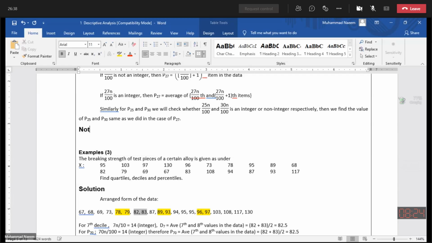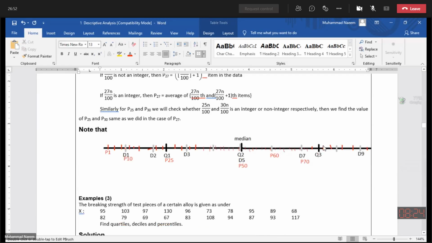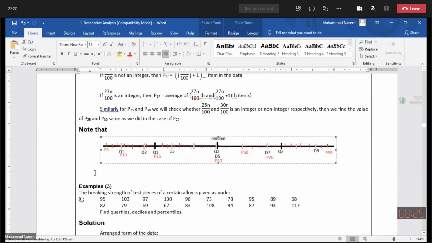Note that, what is the definition of median?